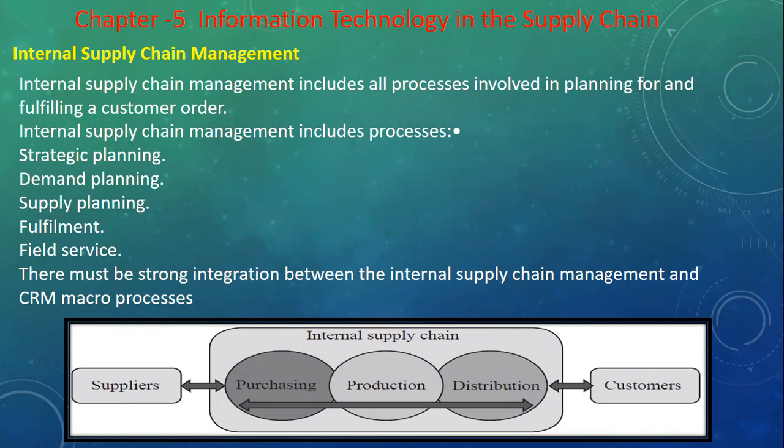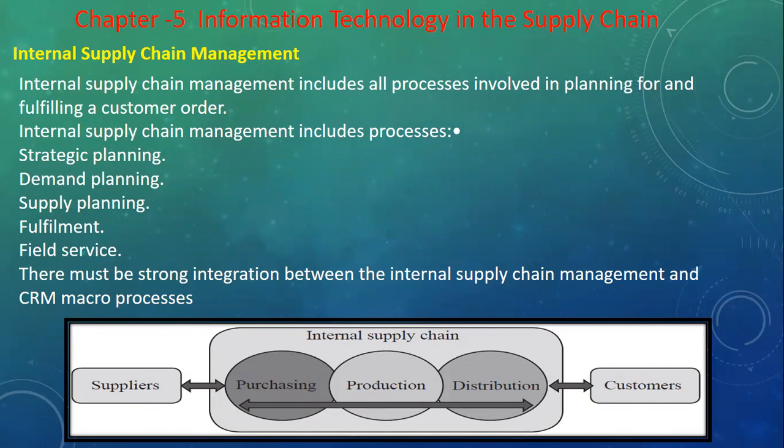Internal supply chain management is the process in which the raw material is bought from the supplier, and you need to purchase that. Then after that, the manufacturing process, then distribution. So these three processes are the internal supply chain process: purchasing, production, and distribution. How will this process start?